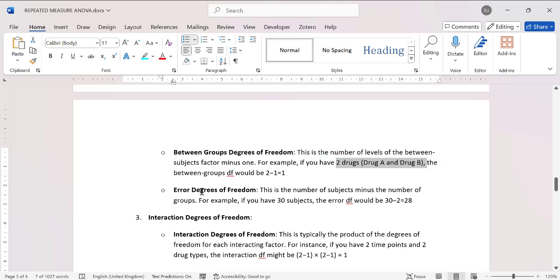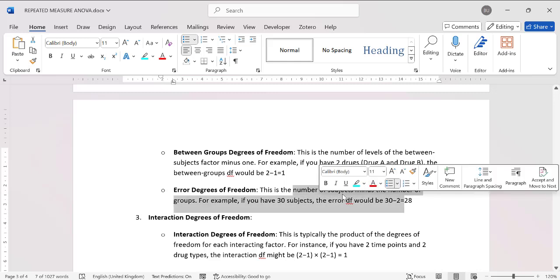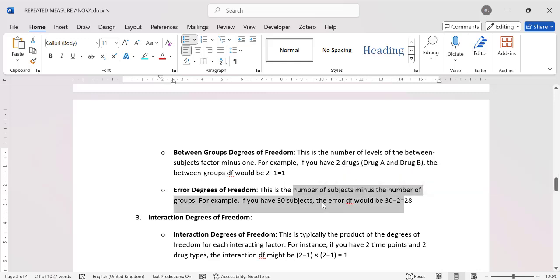While for the error degrees of freedom, just like we did before, the error will be the number of subjects minus the number of groups. So assuming you have 30 subjects and 2 groups, that will be 30 minus 2, that will be 28.